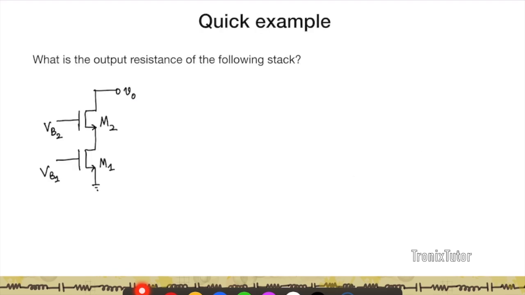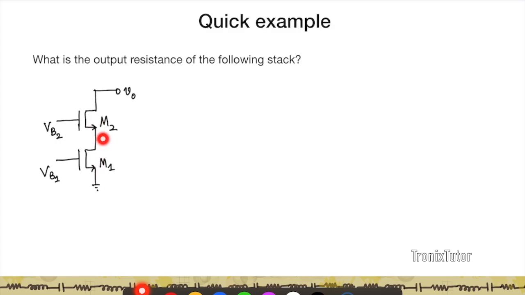So for example, let's find what the output resistance of this stack is. What I meant to say here is, let's assume that M2 wasn't there. If M2 wasn't there, then the output resistance would have been just RO1, the output resistance of M1. Now I've added two transistors in series.